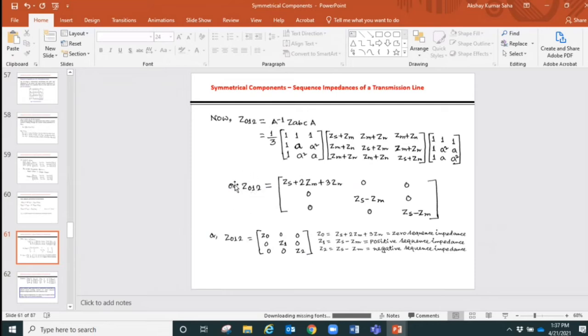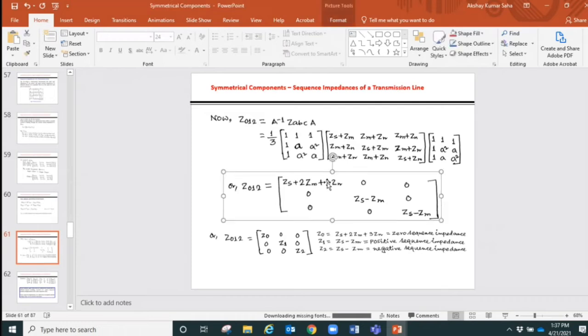So the sequence component impedance matrix for 0, 1, 2 will be like this. Off-diagonal elements are not there, meaning they are 0, and the positive, negative and 0 sequence components are there.